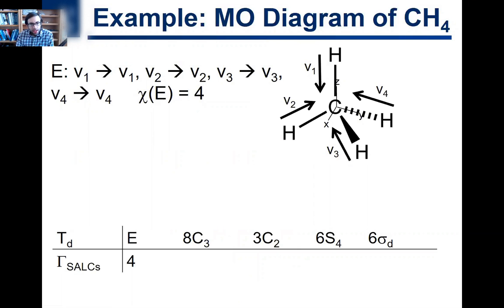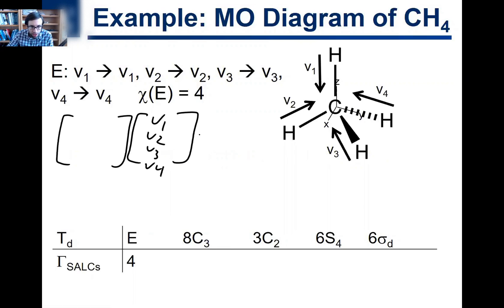All right, so then what we're going to do is come up with a representation for these SALCs. To do that, we have to apply the different operations and see how these vectors that represent sigma bonding transform. Remember, where this all comes from is you're essentially doing a matrix. You're asking what matrix takes V1, V2, V3, and V4.